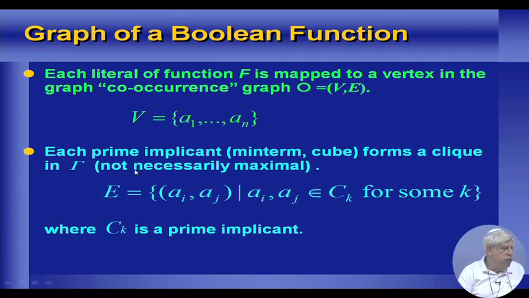And each prime implicant, sometimes called a minterm, sometimes called a cube, forms a clique in this graph, gamma, not necessarily maximal. Formally, I have an edge between AI and AJ if AI and AJ appear somewhere together in a prime implicant. They co-occur. Remember, we saw co-occurrence graphs a few lectures ago in a different context.